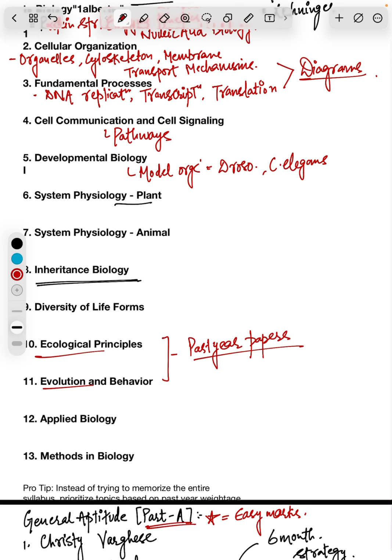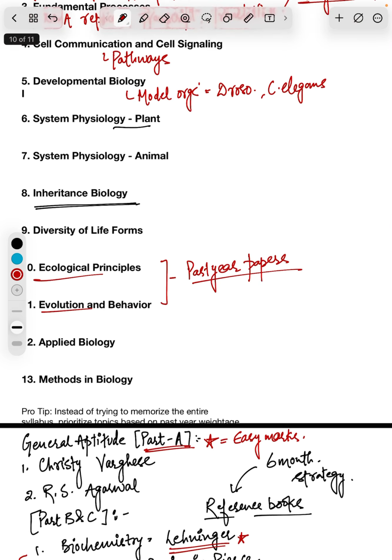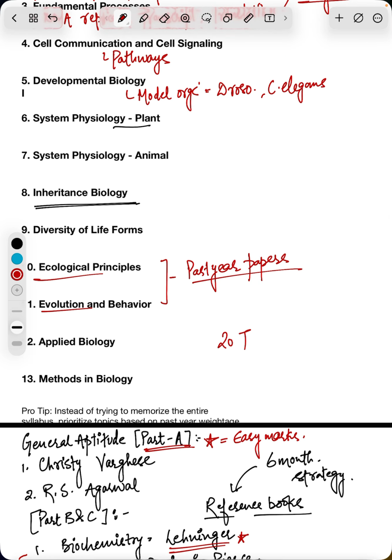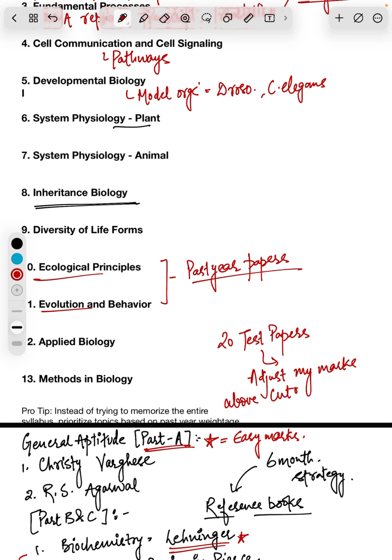For my strategy, when I was giving this exam, I solved past year papers, and I gave 15 to 20 test papers and tried to adjust my marks to be 10 to 20 marks above the cutoff required. 10 to 20 marks you need to make extra.